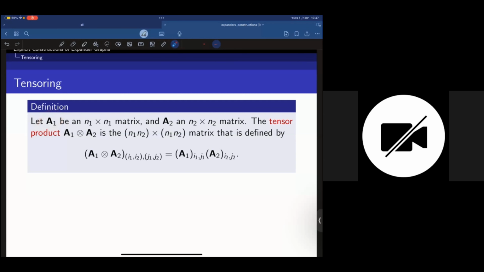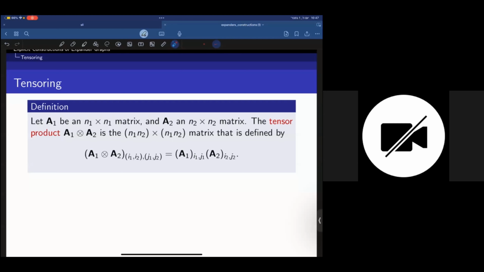If you have two operators, A1 acts on vectors of length n1, so it's an n1 by n1 matrix, say, and A2 is an n2 by n2 matrix, then the tensor product of these matrices is again a matrix, in dimension n1n2 times n1n2, because you feel that it's going to operate on tensors of things, and these things are of length n1n2. And the definition is the first thing you would guess, but I don't know if you feel comfortable working with that. You will never work with that definition. You will work with the equivalent definition that's next, but let me just say that.